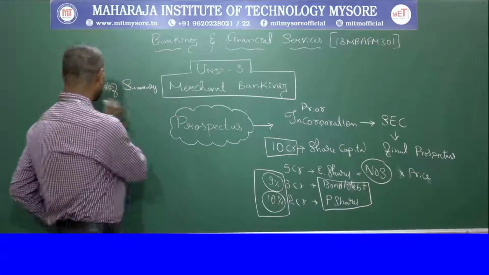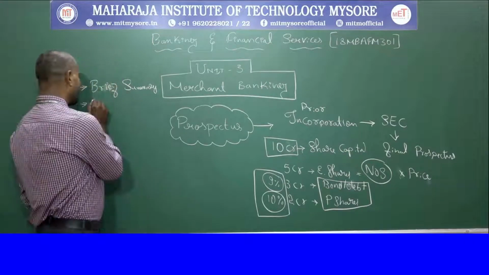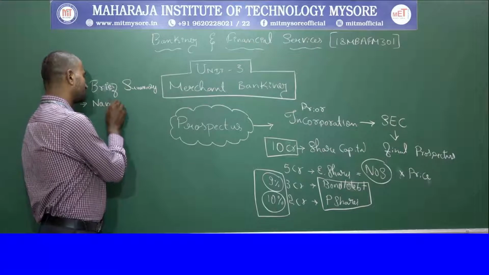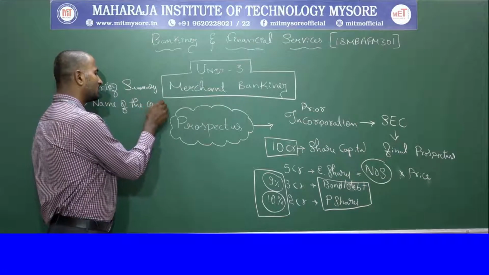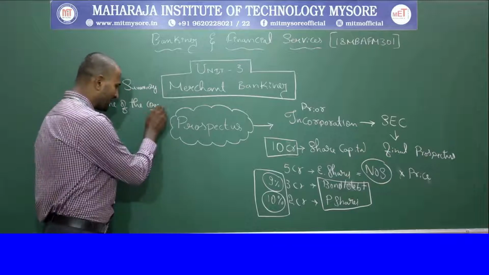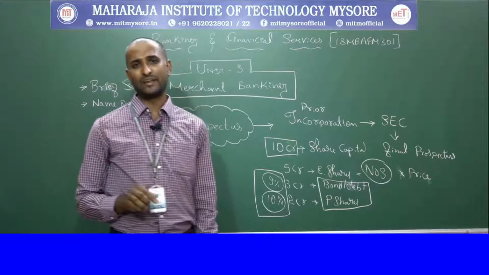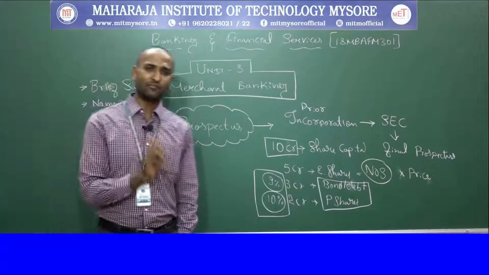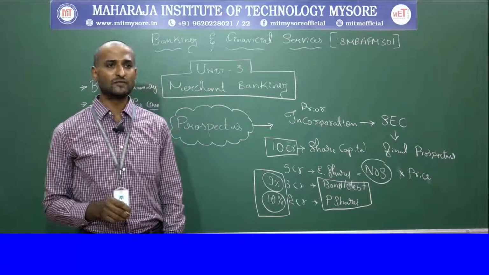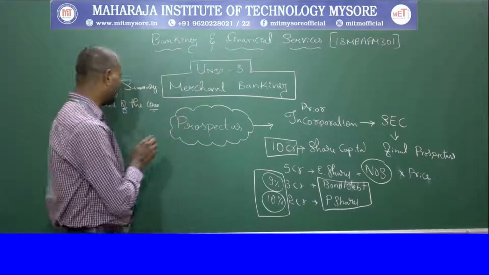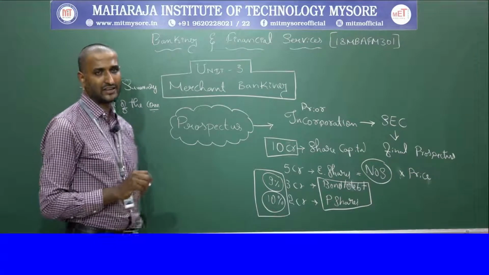Coming to the next one, the company needs to provide the name of the company. The name of the company depends on whether it is a private company or public company. In the case of a private company, after the incorporation, the company must provide the name as private limited.